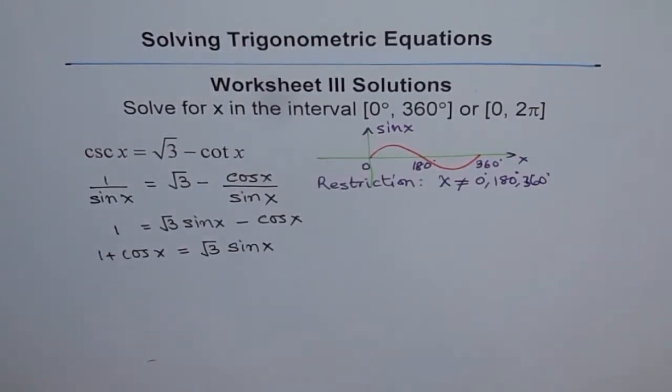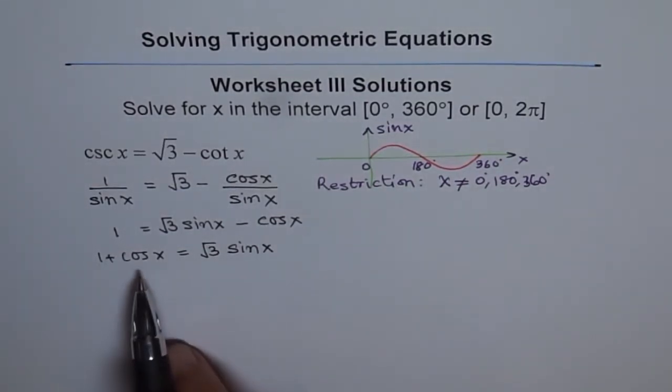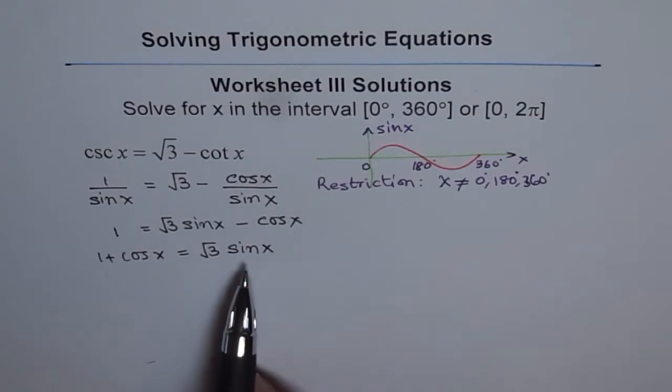Now we can square both sides to find a quadratic equation in one variable, right? If we square, we get sine square x, which could be written as 1 minus cos square x, correct? So that's what we'll do.